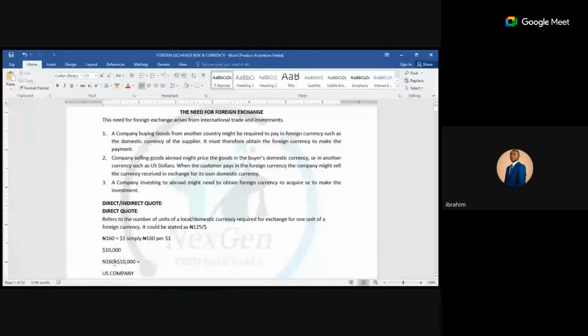What are we going to do? You multiply 160 times 10,000, because the country of that company is Nigeria. A Nigerian company wants to buy goods outside, worth $10,000. And the spot rate given to you in the question under international investment is 160 naira to $1.